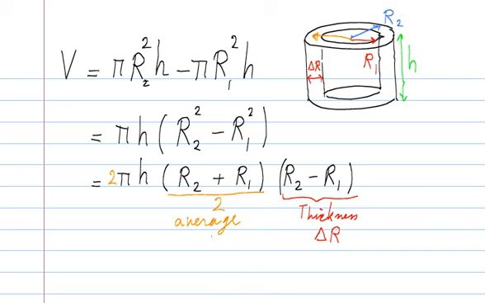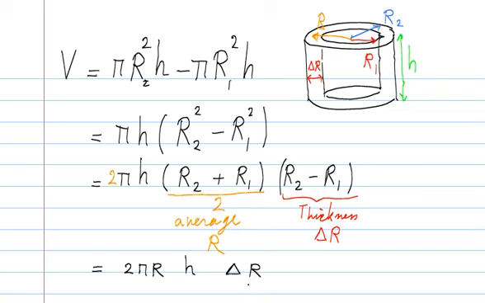I might show this by, say, r. So the average radius is starting from the origin here and going halfway between the two walls of the cylinder. Let's rewrite all of this. I'm going to write 2 pi r next to each other: 2 pi r times h times delta r.